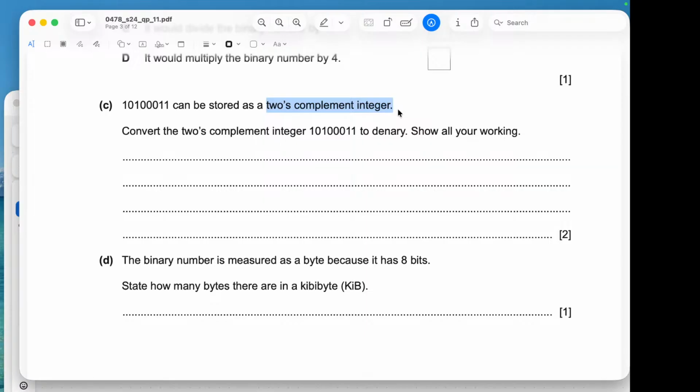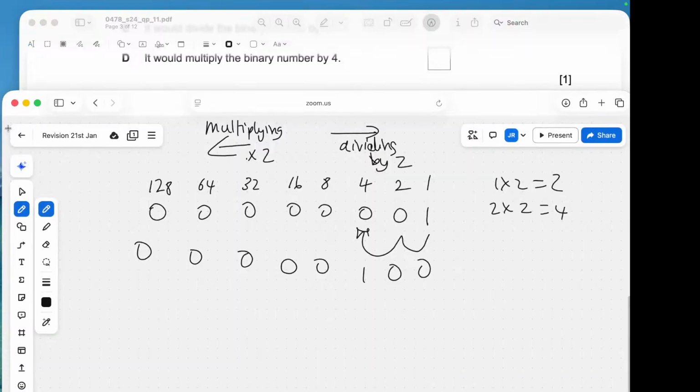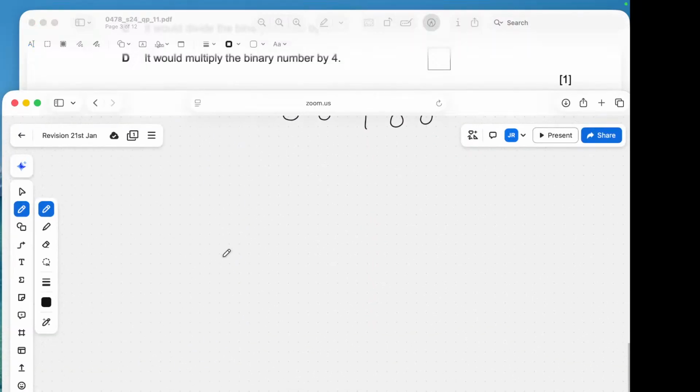Yeah, that's correct, good. So again, let's have a go at this. If you're a bit stuck, don't worry. This is what these sessions are for.